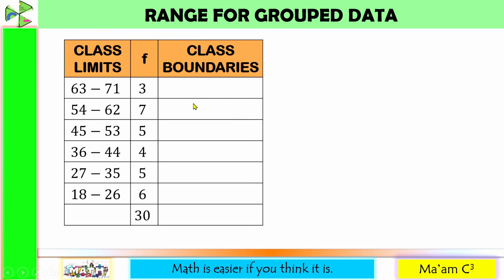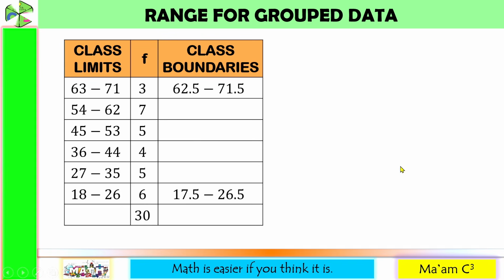So the class boundary is 62.5 to 71.5. Now for the lowest class interval, 18 minus 0.5 is 17.5 and 26 plus 0.5 is 26.5. Therefore, the class boundary is 17.5 to 26.5.